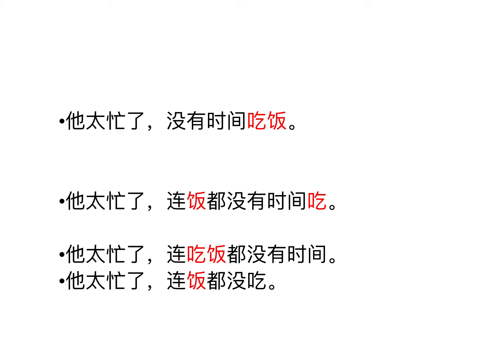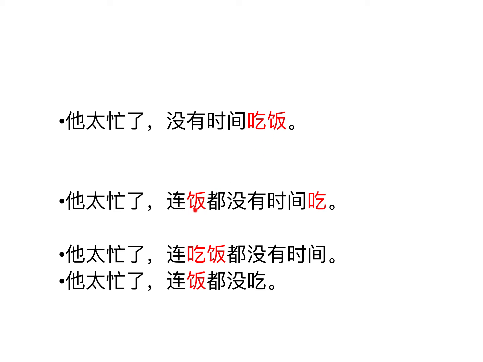So, how do we say that? 他太忙了。没有时间吃饭 right? So, how do we say the sentence since it is a verb object verb? So you can say 他太忙了连饭 right? 饭 is the object.